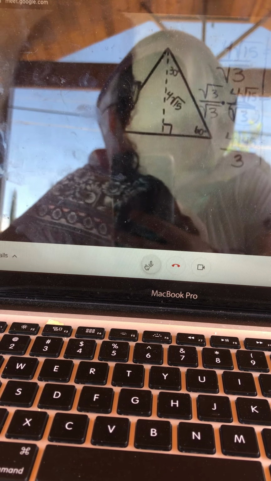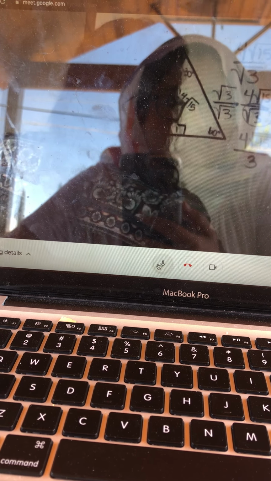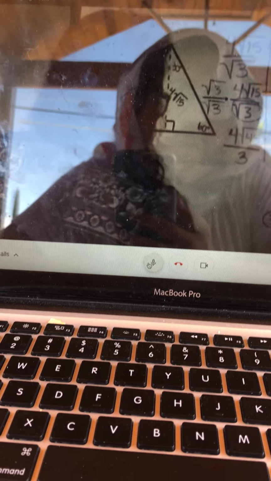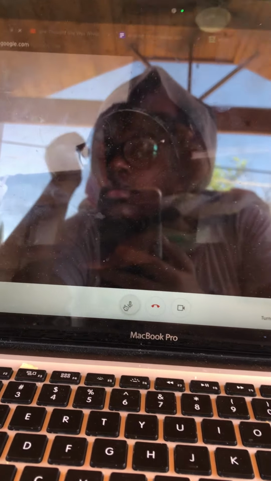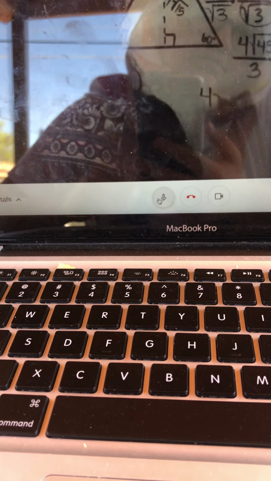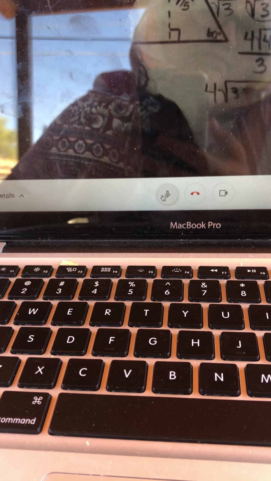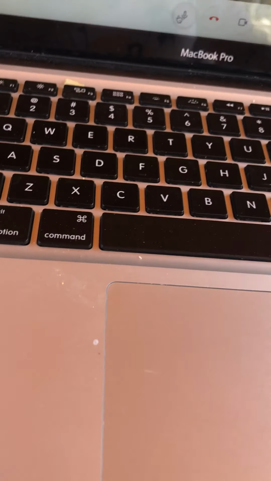What two numbers multiply to equal 45? 15 and 3. This is a prime, so I'm going to go ahead and circle it. What about 15? 5 and 3. And each of those is a prime, so we're done. So I know that it is 4 square root of 3 times 5 over 3.